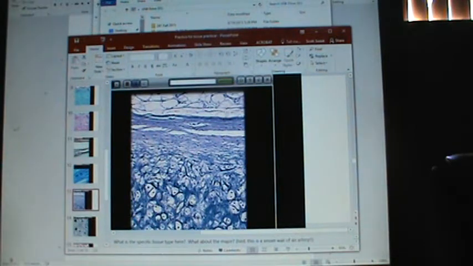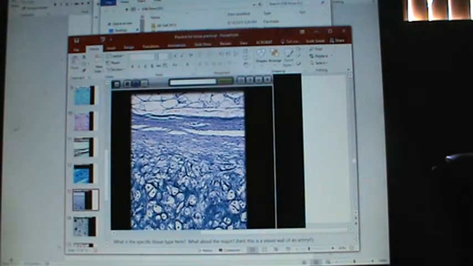This is a strange looking one. All these little strange elastic type fibers and things. What would be the major tissue type of this? Connective. And the specific type? Again, notice you see the things that look like little eyes, the little chondrocytes, and there's a whole lot of fiber through here.